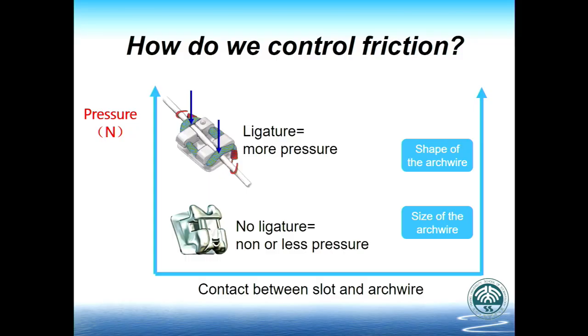So the ligature will give the pressure and will increase the friction. It is the ligature wire that's causing the contact pressure. Tighter ligation, larger pressure; looser or no ligature, maybe no or less pressure.